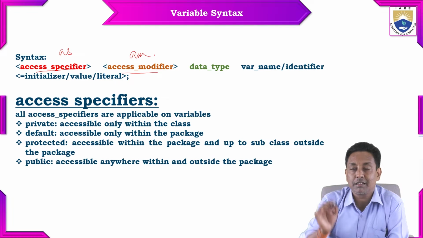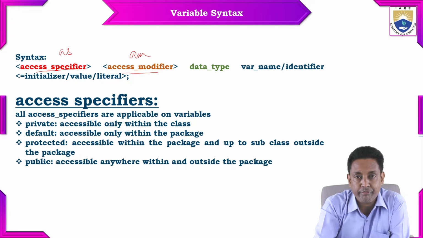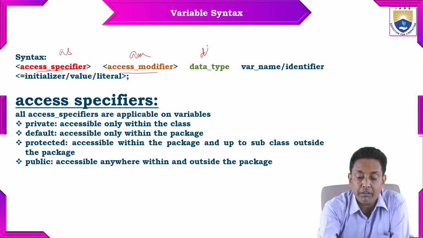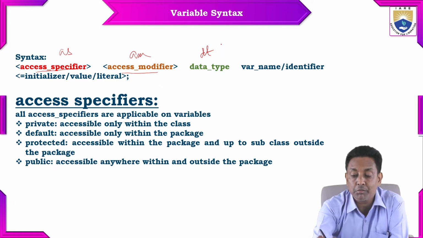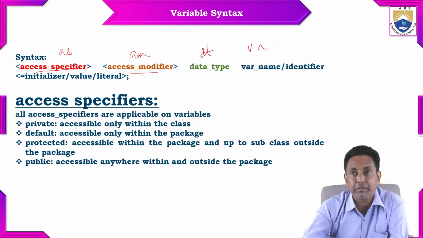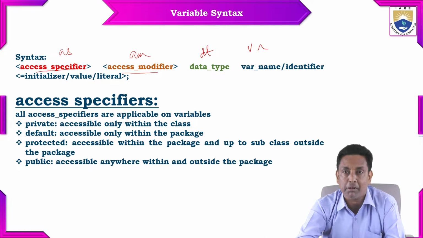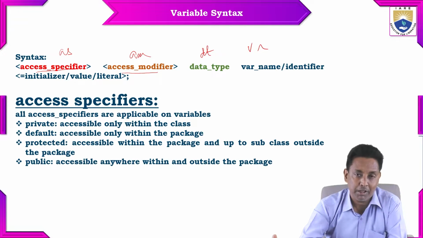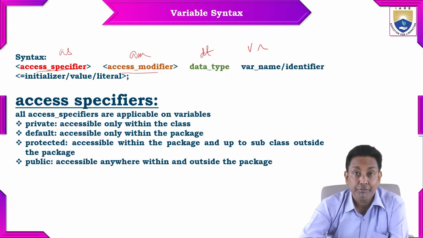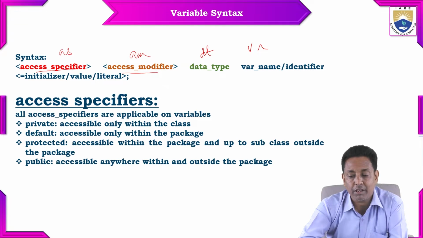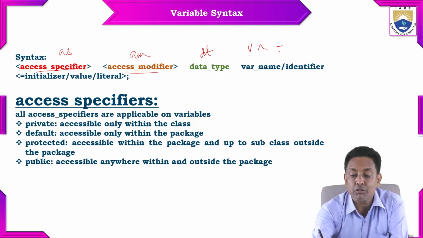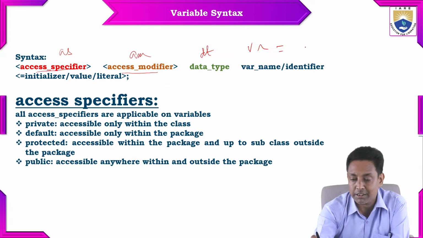If it is a class, it starts with the class declaration. A variable starts with the data type, followed by the variable name, which we also call identifier, property, or field. People call it by different names. Then equals initial value, or initializer, or literal.